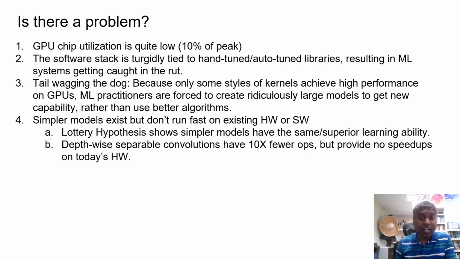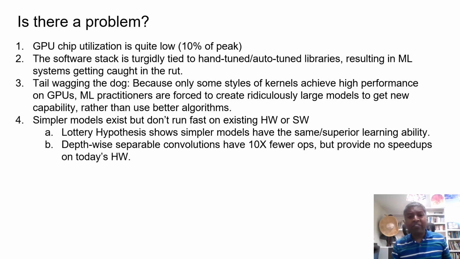Second, there's an idea called depth-wise convolutions. This usually has 10 times fewer ops. But if you build a network using this, it actually trains slower or no faster than using conventional convolutions, which have 10 times larger ops, because the hardware does not support these algorithms.